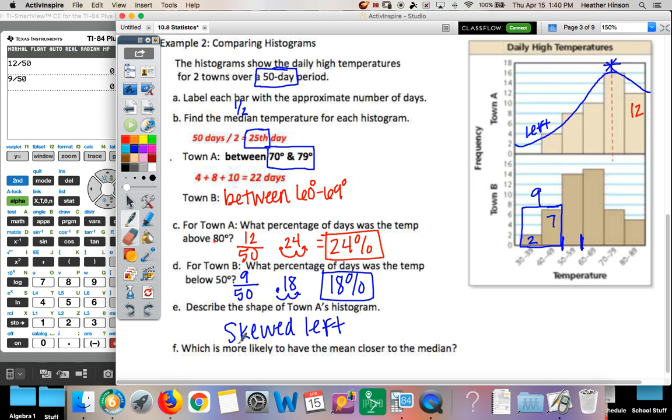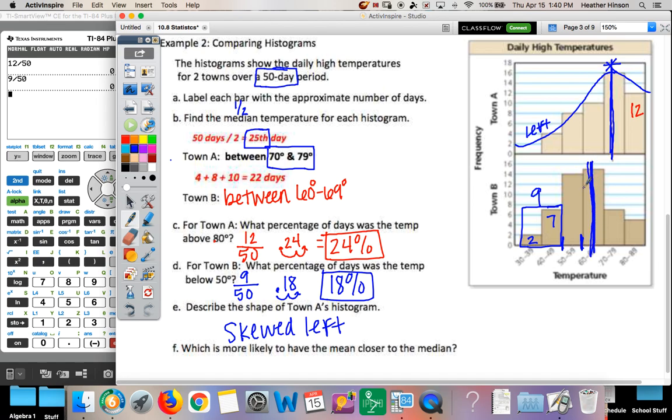Which one is more likely to have a mean closer to the median? We know our median for A was in this box. Our median for B was between 60 and 69.